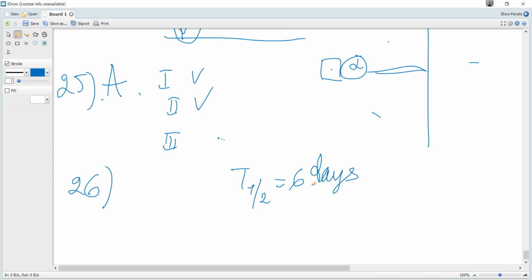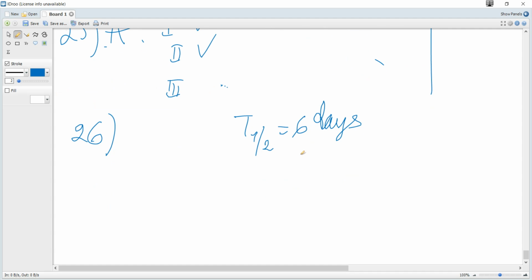How long it will take for 75% of a pure sample of the material to decay.